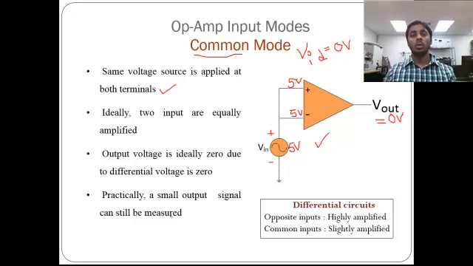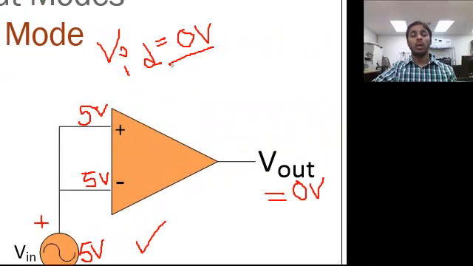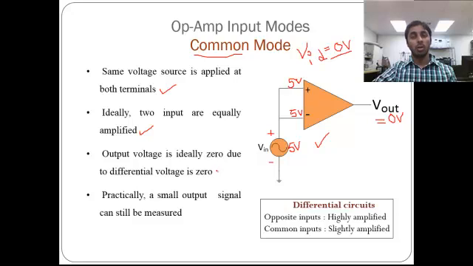Common mode means that the input to the op-amp for both the inverting and non-inverting terminals is common, or the same. So ideally the two inputs are equally amplified. With 5 volts and 5 volts here, the input differential is 0, so the output voltage is going to be 0. So the output voltage ideally is 0 because the differential voltage is 0.